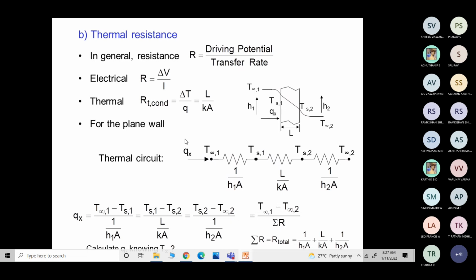Because the total heat transferred from the inner fluid to the outer fluid is T infinity 1 minus T1 divided by 1 by H1 A, and then T1 minus T2 by L by KA, which is equal to T2 minus T infinity 2 by 1 by H2 A. When we add all these, it becomes T infinity 1 minus T infinity 2 divided by the summation of all the resistances: 1 by H1 A, L by KA, and 1 by H2 A.